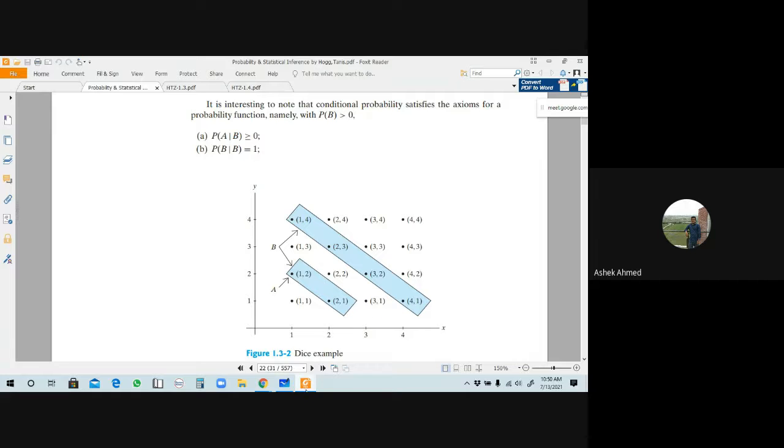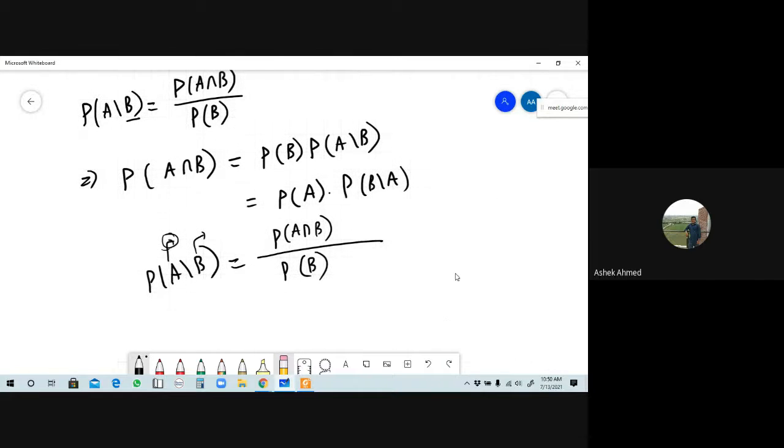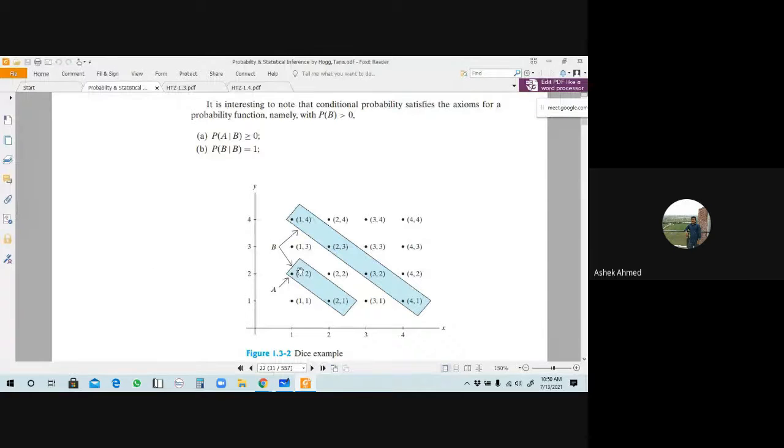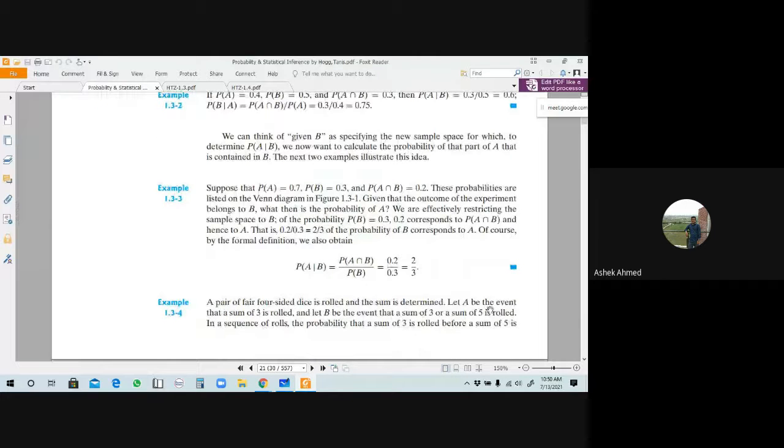Okay. From here, we have to find out the probability of A intersection B and divide by probability of B. Tell me, what do you mean by probability of A intersection B? A represents that the sum of the outcome will be 3. Is it right? A is the event that a sum of 3 is rolled.